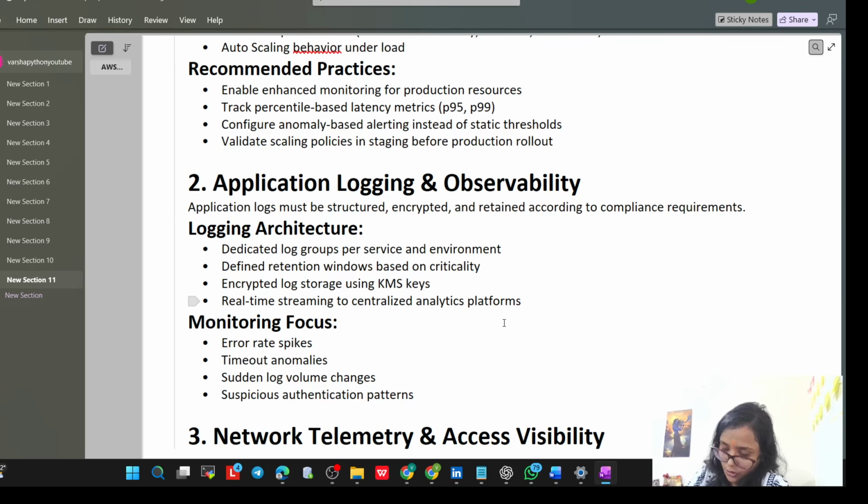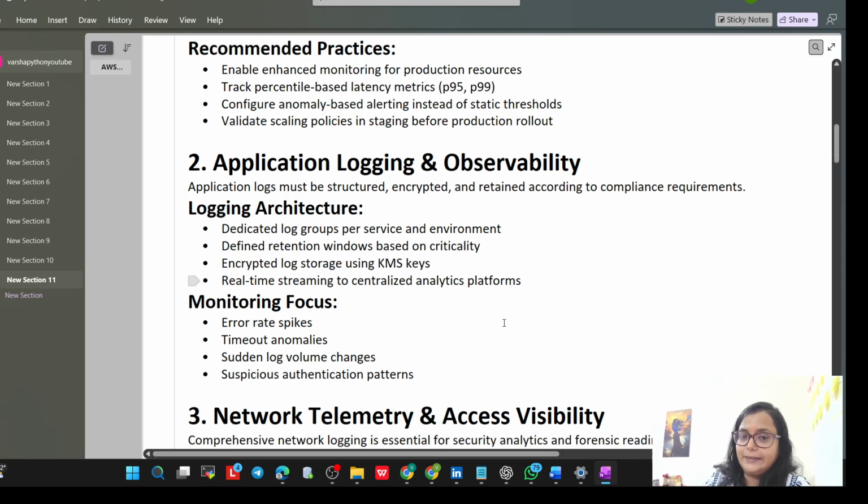CloudWatch logs showed repeated 504 gateway timeout errors from the payment microservice. After log analysis, we found a database connection pool exhaustion issue. So we increased the DB connections and added a log based alarm for the timeout pattern. Are you getting it? In this way, we can do application logging and observability.